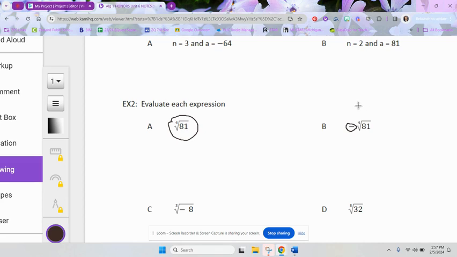If you go into your calculator and you find the 4th root of 81, you'll find that it's 3. In this example, because we don't have anything on the outside, that's indicating it's the positive root. Whereas with this one, with the negative on the outside, that means they're looking for the negative root. So in this case, it would be negative 3.